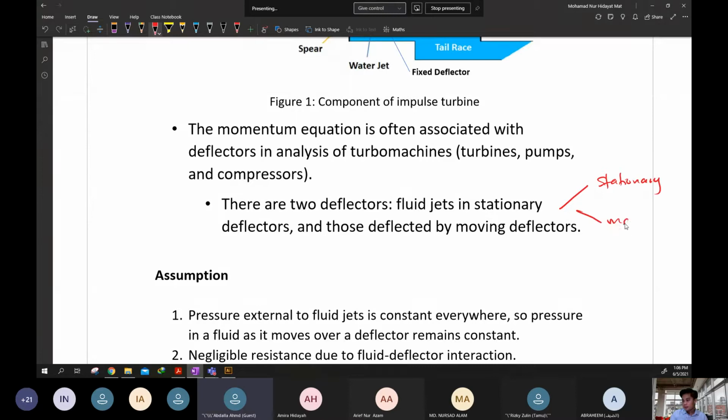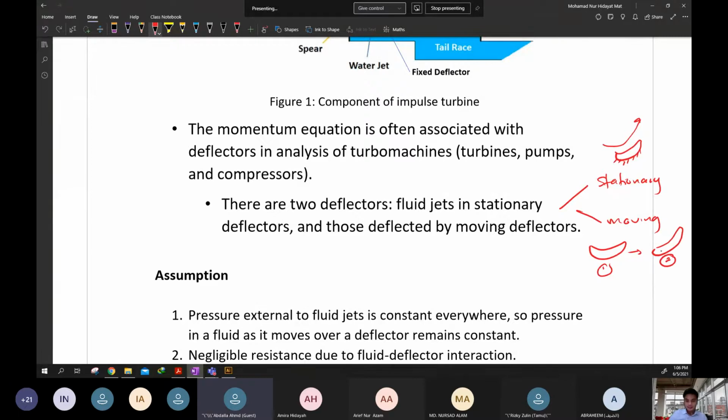The stationary means the deflector like this is fixed. This is water. The moving deflector means this deflector from one position will move to another position.